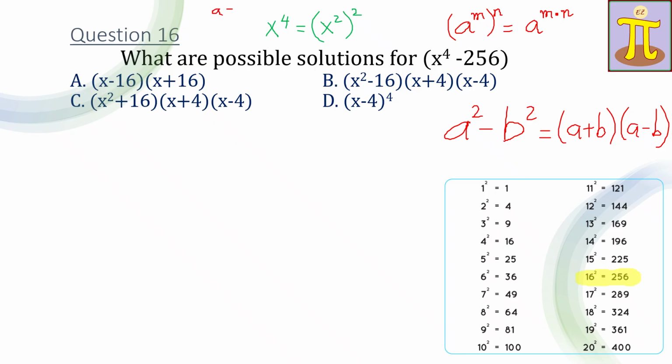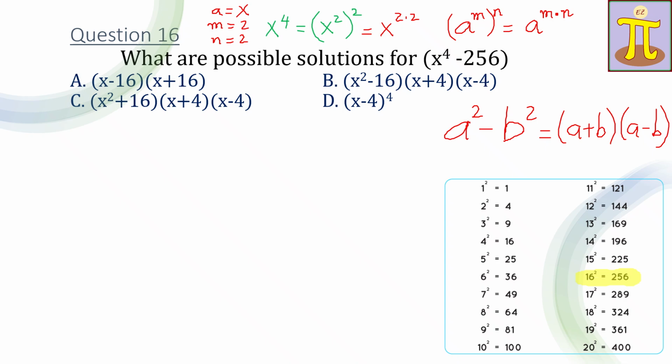So my a in this case is my x, my m is 2, and my n is 2. So 4 is 2 times 2. This is x to the power of 2 times 2.